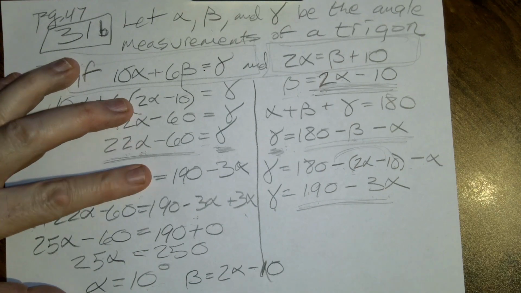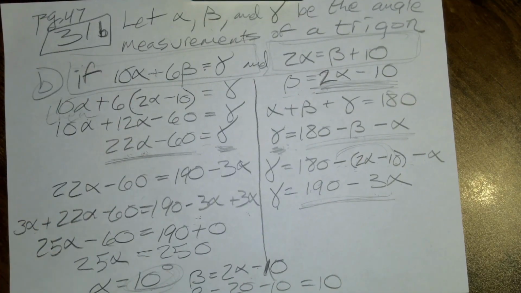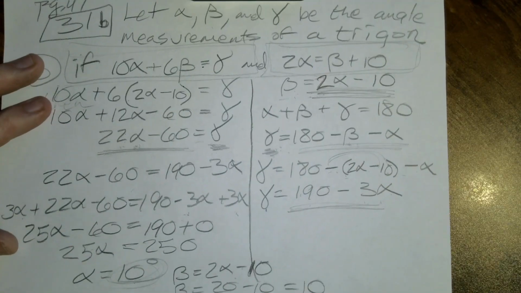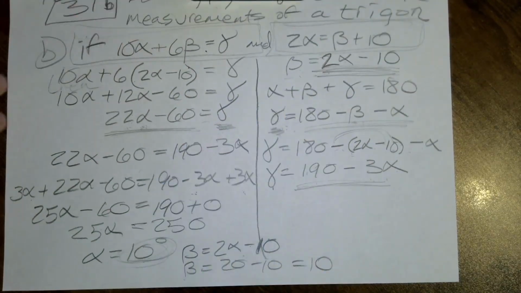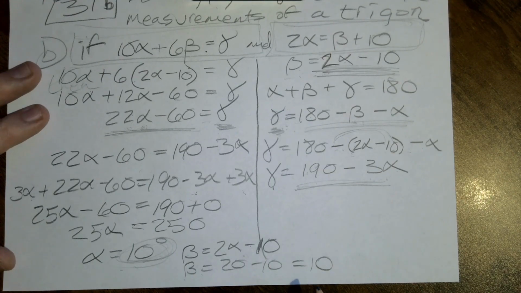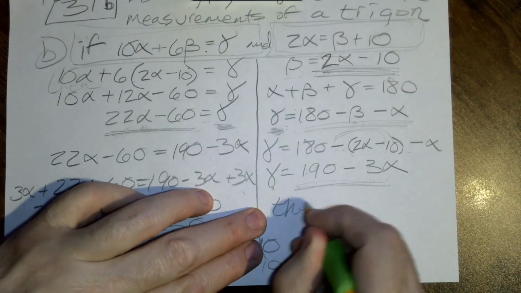So let's just substitute 10 in there. Beta is equal to 2 times 10 degrees, what we found out here. That's 20 minus 10, which is 10. So beta is 10 degrees, alpha is 10 degrees. We have 2 angles, same measurement in a trigon. That makes it isosceles.